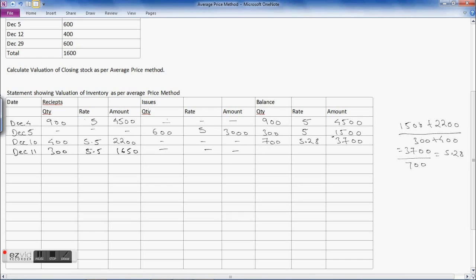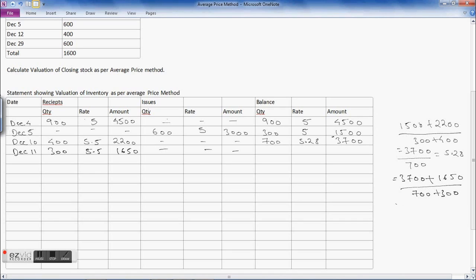Now again we will calculate the weighted average. So it will be 3,700 plus 1,650 divided by 700 plus 300. Again we are calculating the weighted average here.